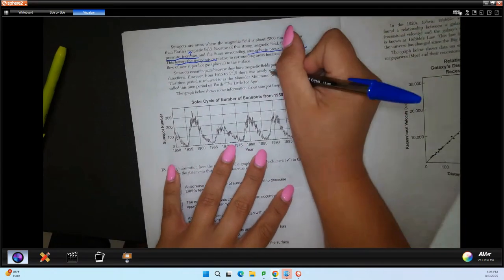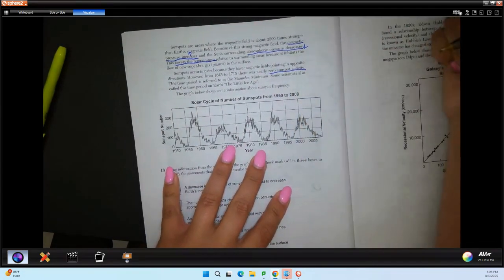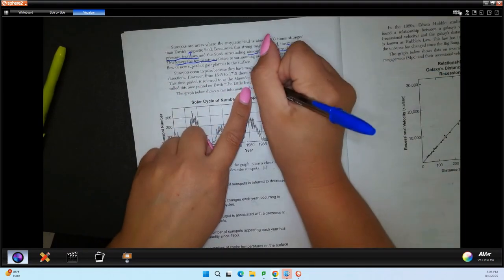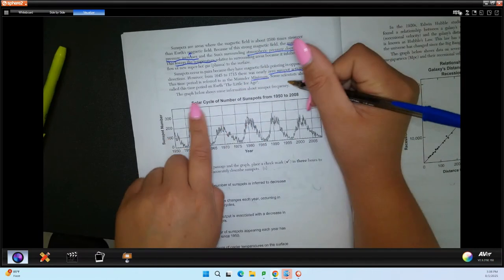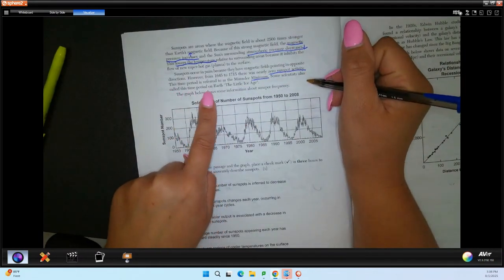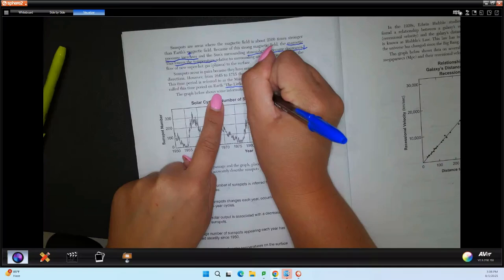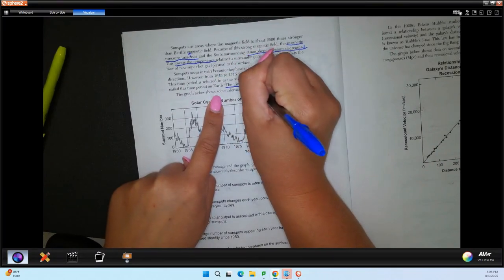Sunspots occur in pairs because they have magnetic fields pointing in opposite directions. However, from 1645 to 1715, there was nearly zero sunspot activity. Okay, so that's important. This time period is referred to as the Maunder minimum. So minimum means low. Some scientists also call this time period on Earth the Little Ice Age. Okay, so an ice age is when it's super cold.